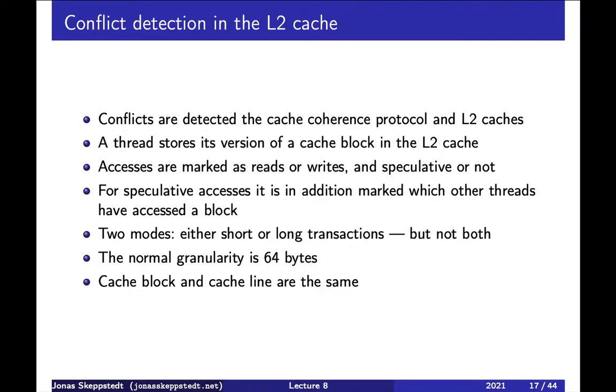How can the cache, this mechanism, now detect conflicts? It is by also storing which other threads have accessed a certain cache block.